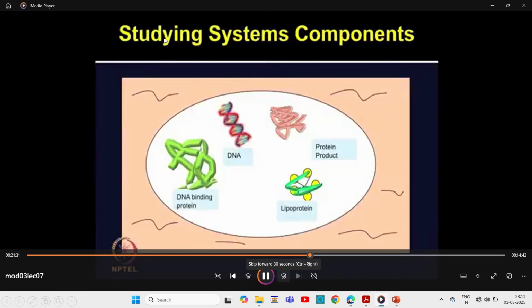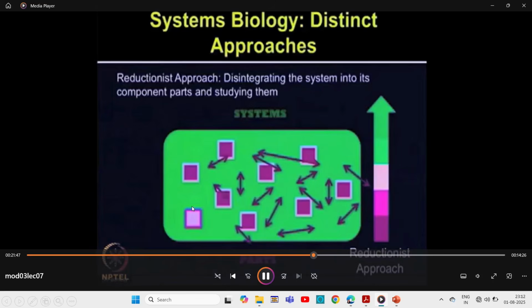Studying system components, you can either study proteins, that is proteomics, DNA, that is genomics, or interactomics, depending. Studying systems biology can have two different approaches: reductionist, or the bottom up approach.